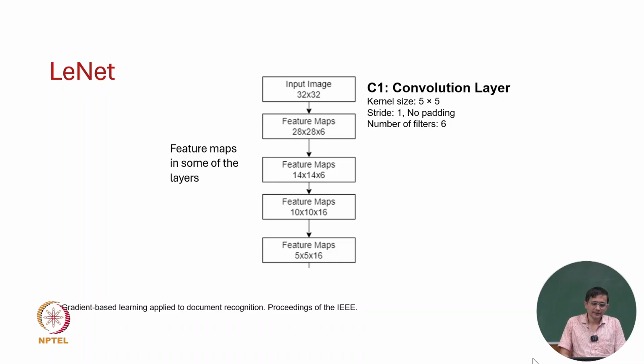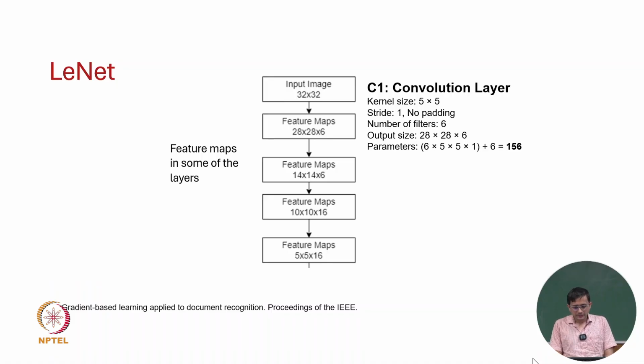That is why in the feature maps we see the dimension is 28 cross 28 cross 6. We can also compute parameters at this stage. The parameter computation will go like this: 6 cross 5 cross 5 cross 1 plus 6 for the bias, and we get 156 parameters.